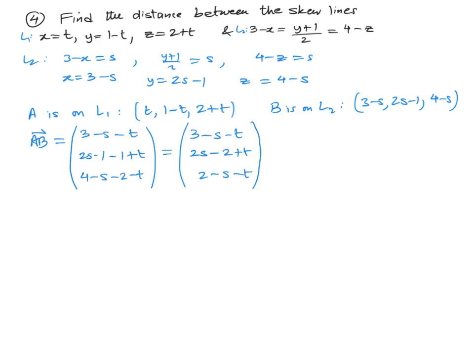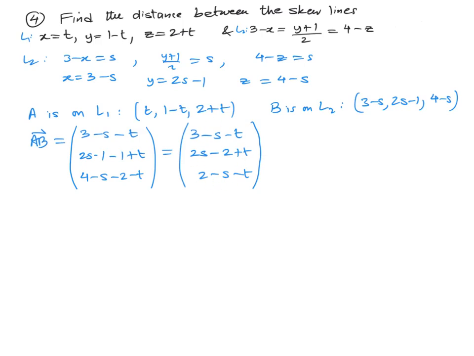So that's vector AB. Now we also need to find another vector that's perpendicular to the two lines. So I'm going to use the parametric equations of this line and the parametric equations of the other line to work out what the direction vectors are. And then when I do the cross product of those two direction vectors, that creates a new vector that's perpendicular to both of those lines and therefore parallel to the vector I'm looking for, the AB vector.